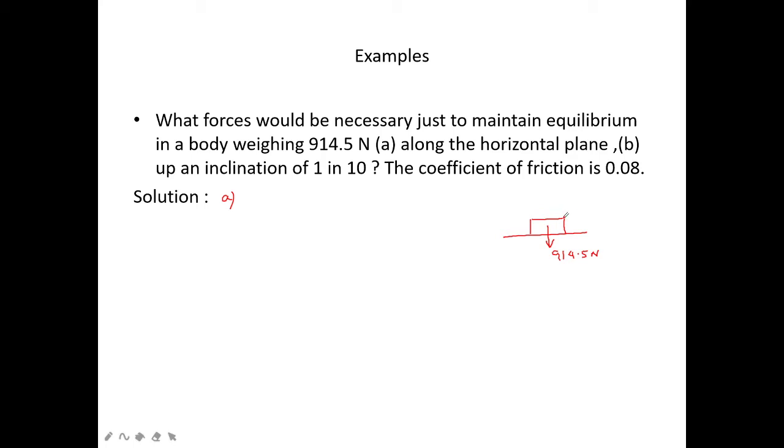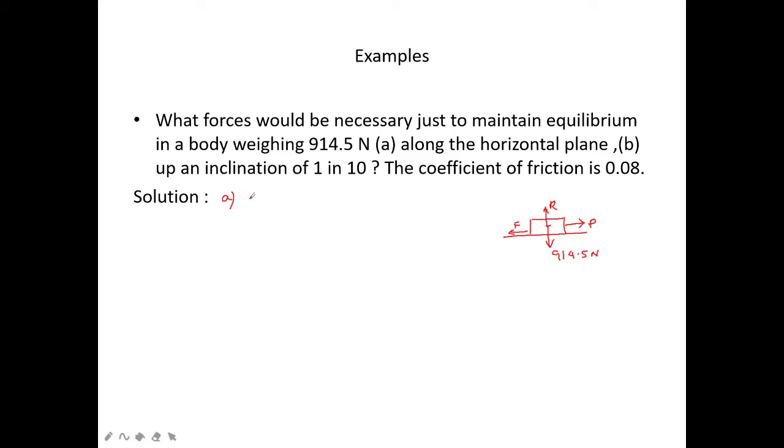So let us say force P is required to keep it in equilibrium. Now R will be the normal reaction, this you know. If P is acting in this direction, then frictional force will act in opposite direction, let it be F.